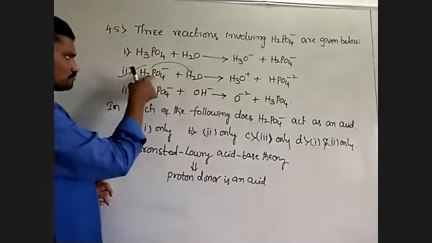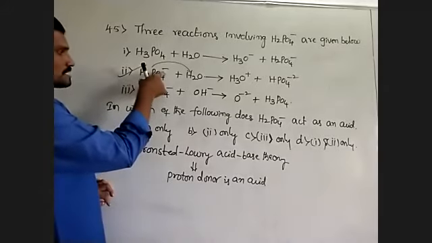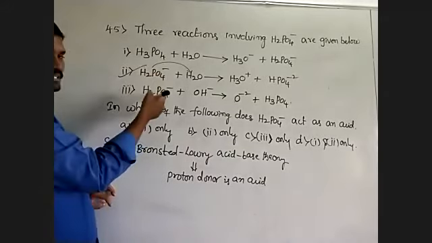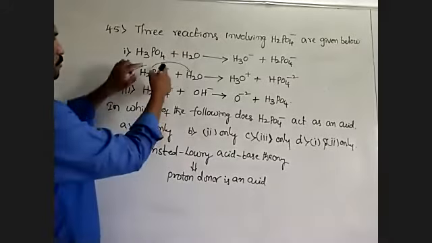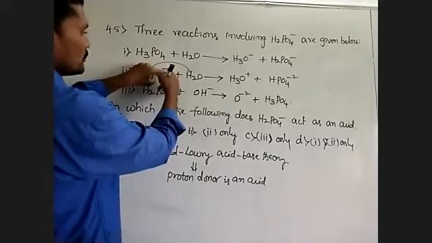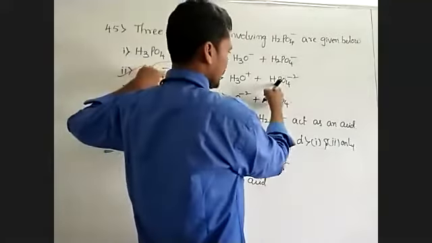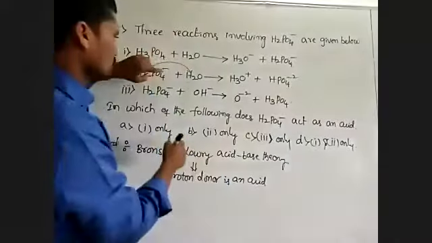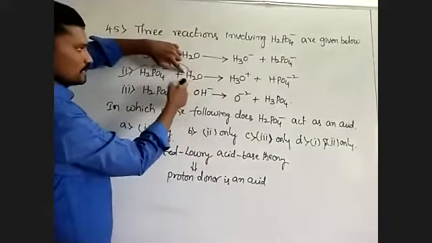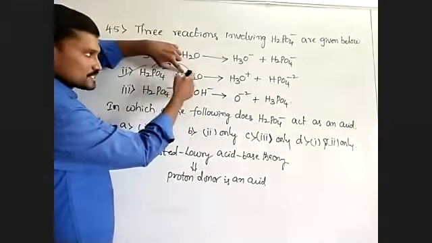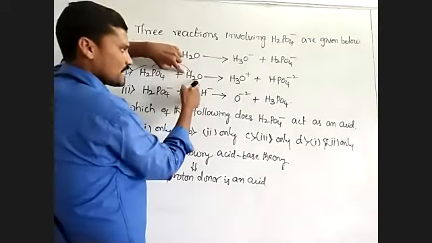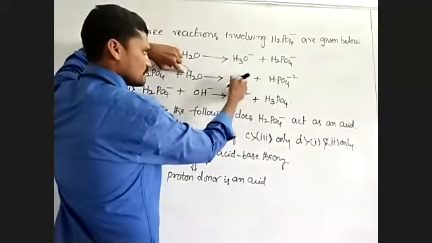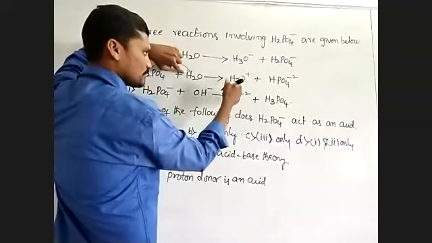Already the species has a minus charge, after losing one proton, one extra minus dominates. That means HPO4 minus 2. H2O is a neutral molecule, there is no positive, no negative. After gaining H plus, this is H3O plus, that is hydronium ion.